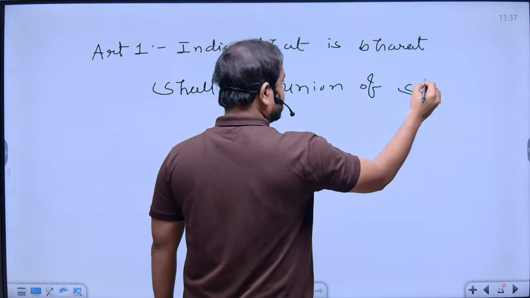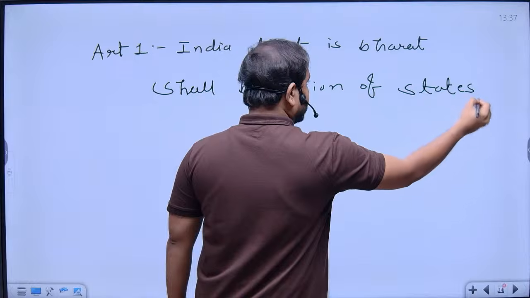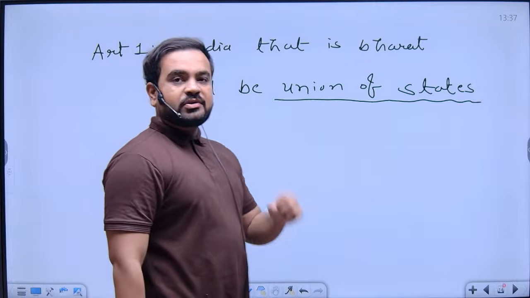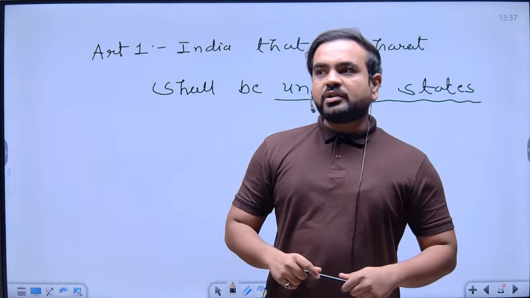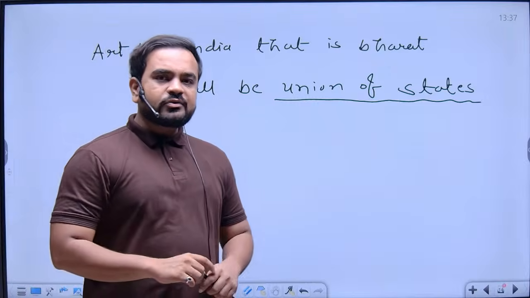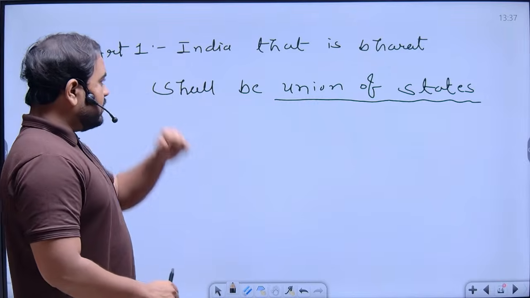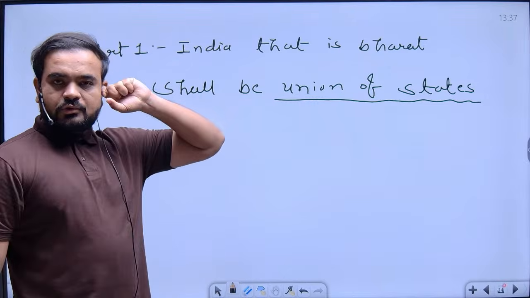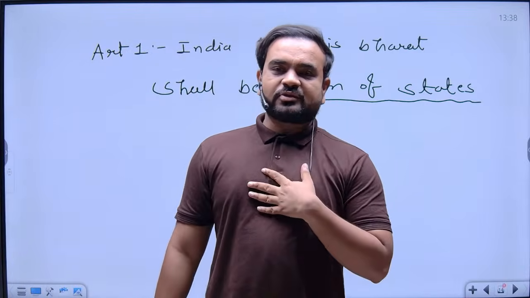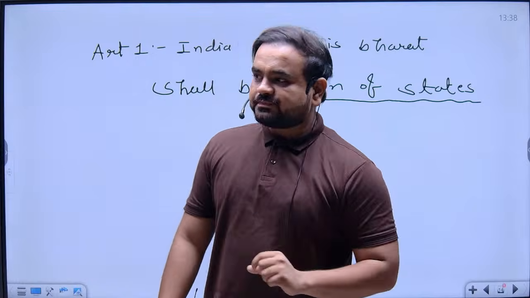So yes, the answer is directly found: union of states is written in article number 1. But you know, when I started my preparation, I was very curious about article number 1. Why so? Because you know English grammar a little.